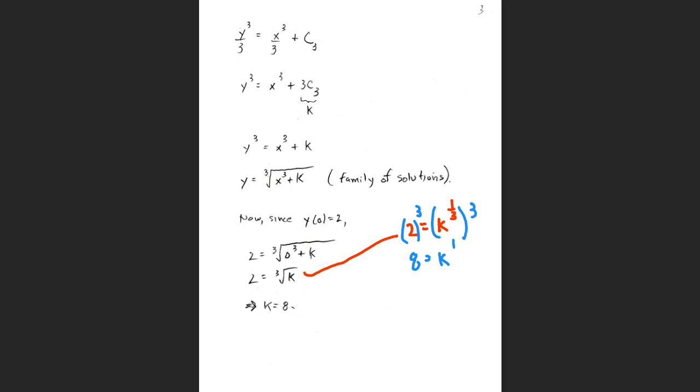And now you know that the solution to the initial value problem, okay, what is that initial value problem?